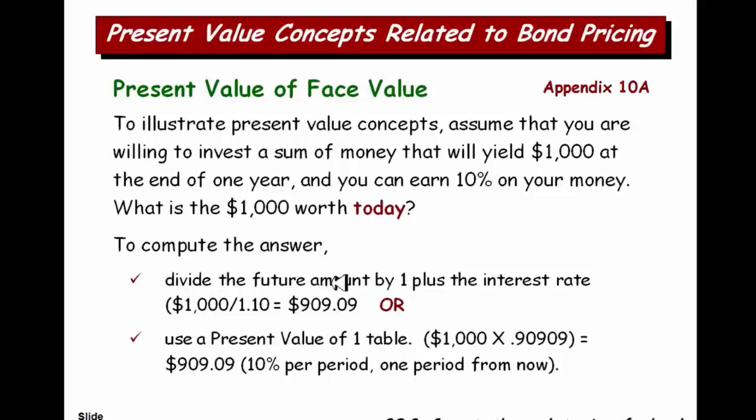We divide the future amount by 1 plus the interest rate. If we're receiving $1,000 a year from now, we divide that by 1.10, and that gives us $909.09. That is the present value of that $1,000 received a year from now at 10%.